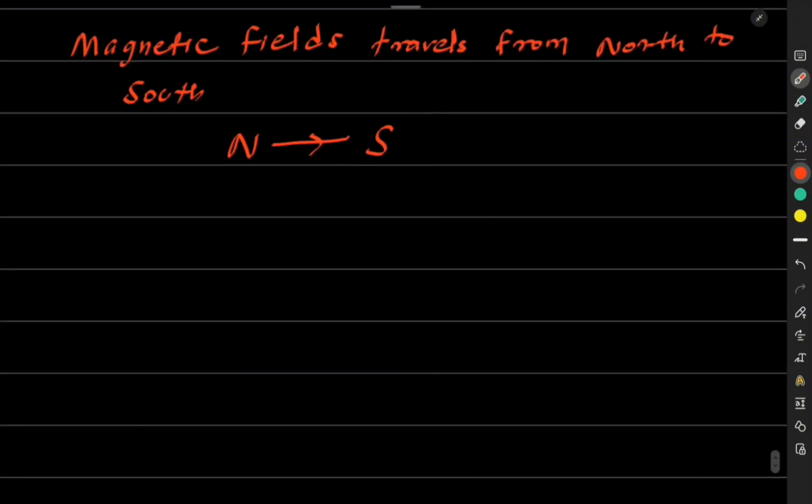Number 1, horseshoe magnet; number 2, bar magnet; number 3, magnetic field around a current carrying conductor; number 4, magnetic field around a circular coil; number 5, magnetic field around a solenoid.